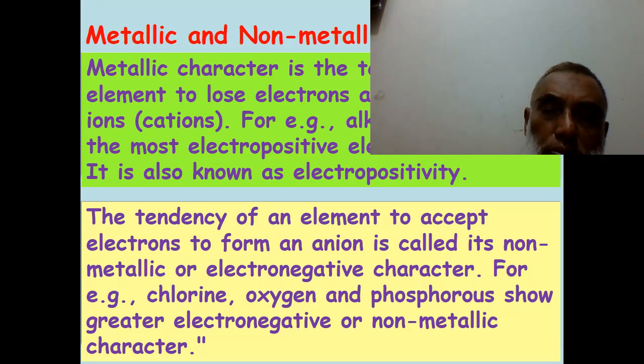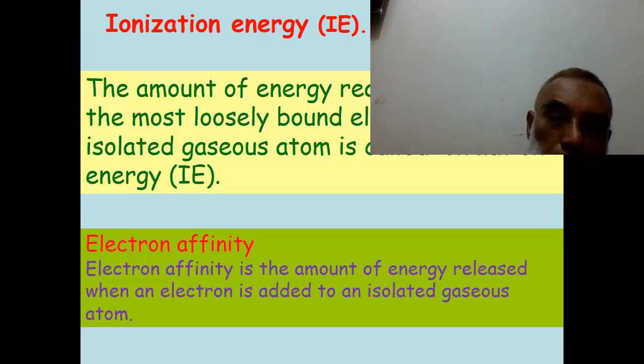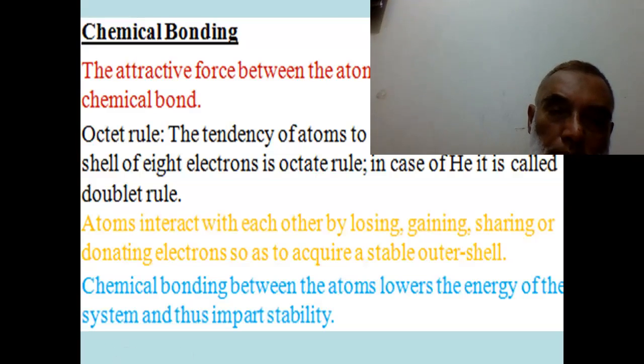So in the case of electron affinity, energy is lost, and in the case of ionization energy, energy is gained. This is the definition of ionization energy and electron affinity, as I mentioned.